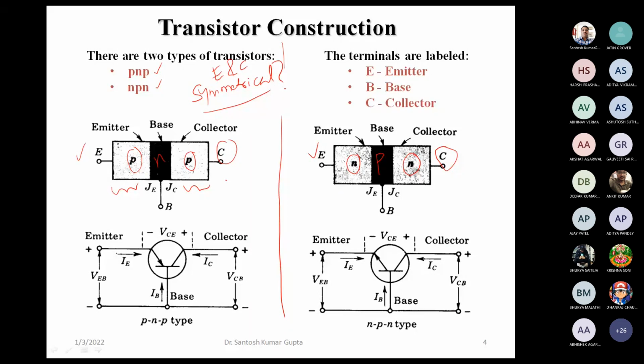Whereas in the figure it seems that it may not matter whether we label any of these regions by emitter or collector, whereas base is in the middle of the different type of material.